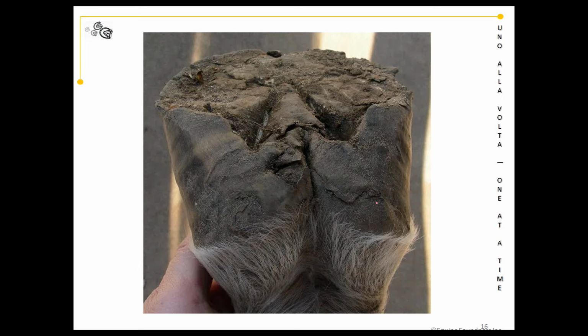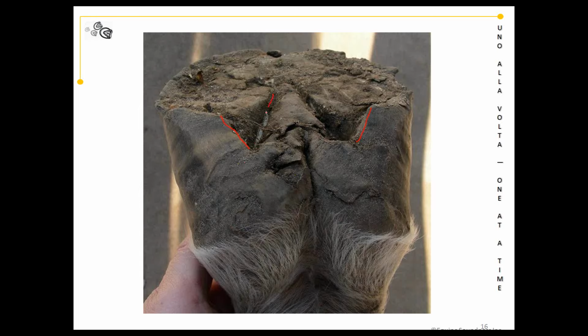This here is such a hoof that is already severely deformed. It has long underrun heels. Remember when we talked about hoof form, this is a long heel, not necessarily a high heel. He has heel contraction. He's very narrow here.